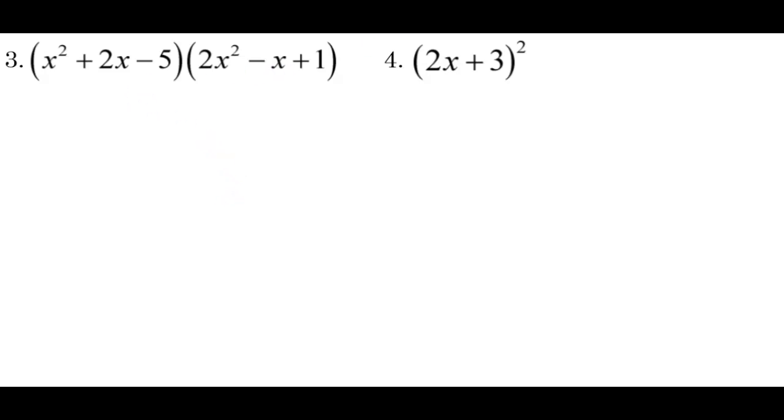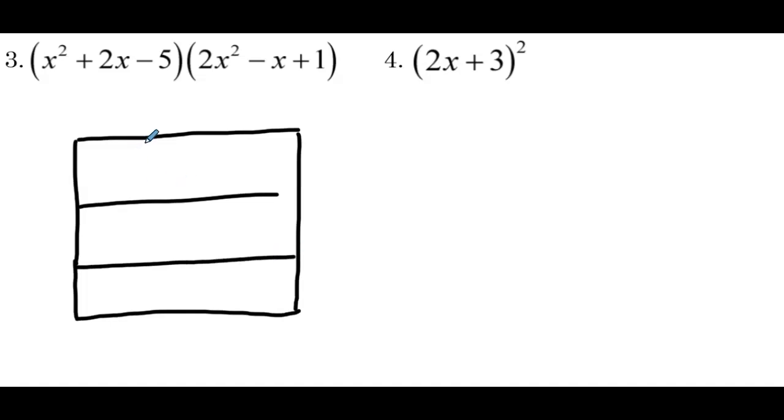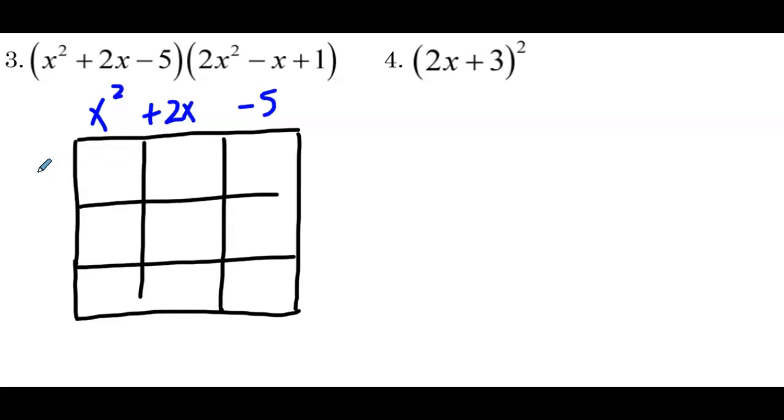Practice with two trinomials now. So this is really a good example to use the geometric model. So we need to create a box with 3 columns and 3 rows. We want to make it nice and big. So there's our 3 rows. There's our 3 columns. So we have x squared plus 2x minus 5, 2x squared minus x plus 1.